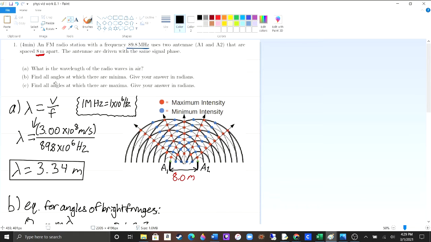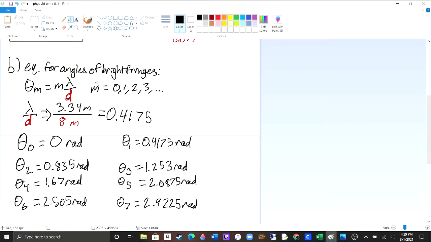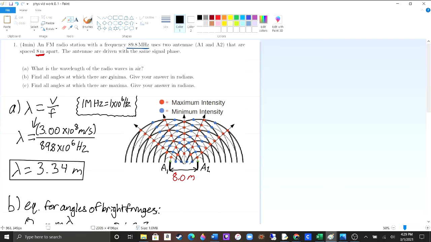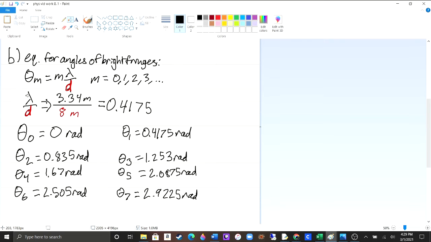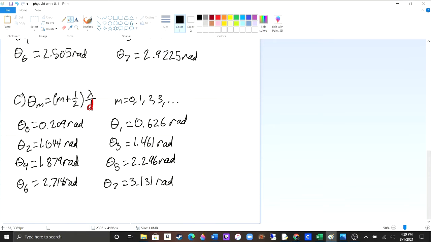So for part B, we're asked to find all of the angles at which there are minima, and we're giving our answer in radians. For the minima, I accidentally switched up part B and C on this, but we can ignore that.